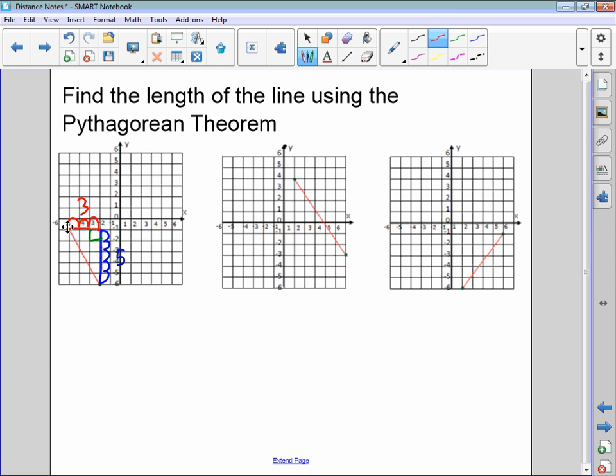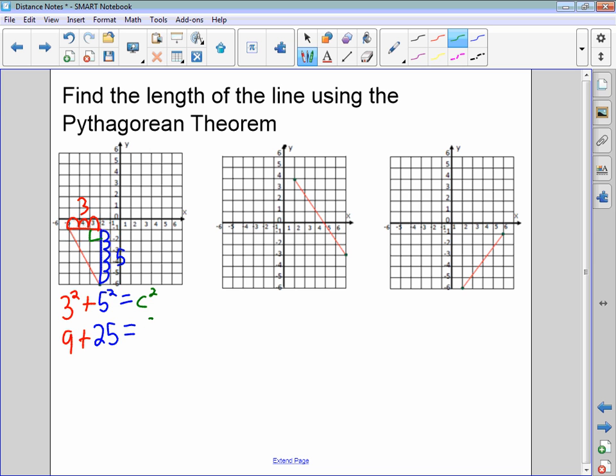So I now have 3 squared plus 5 squared equals C squared. 3 squared is 9, plus 25, because 5 squared is 25.